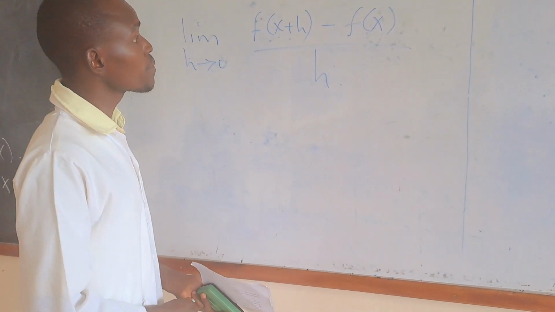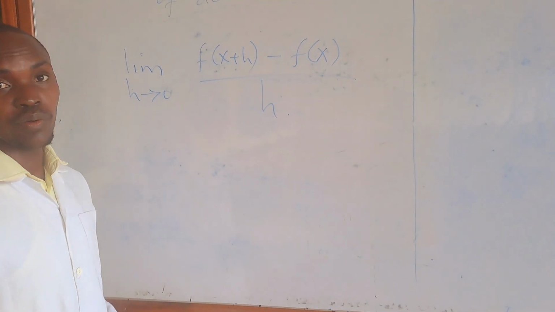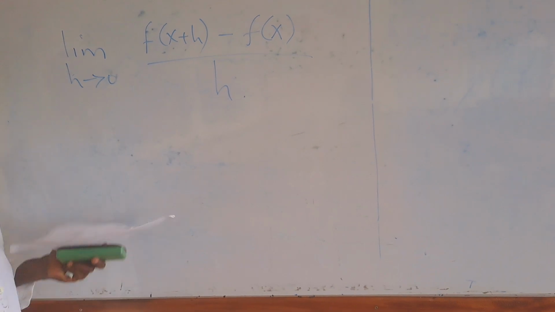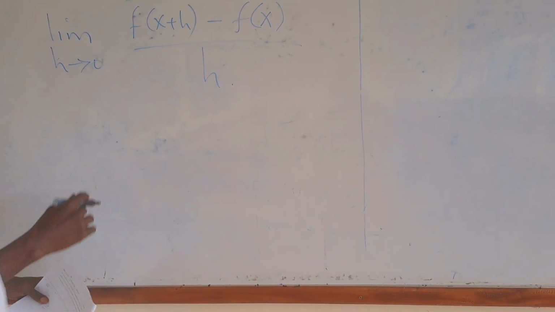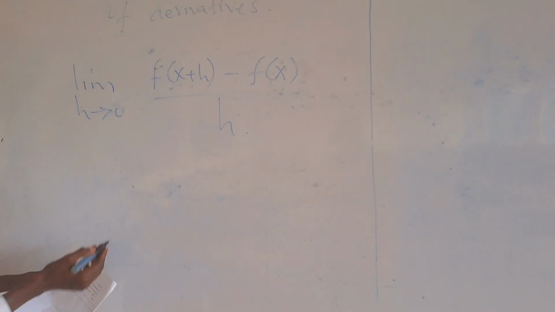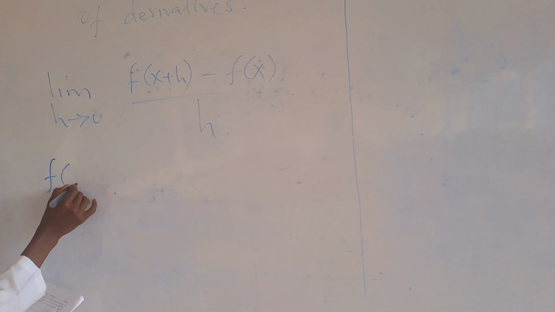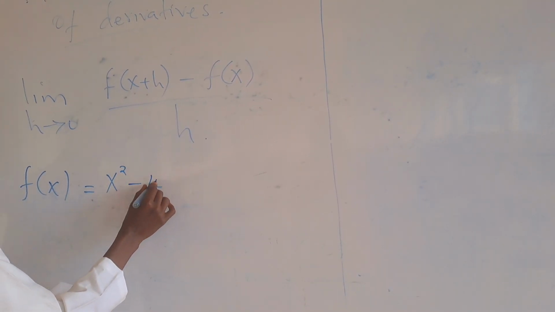Now, to sum up, I want us to do one more example and see how simple this concept is. So, what if we are asked to apply the same definition to evaluate the derivative of this, that is f of x is given by x squared minus 4x.